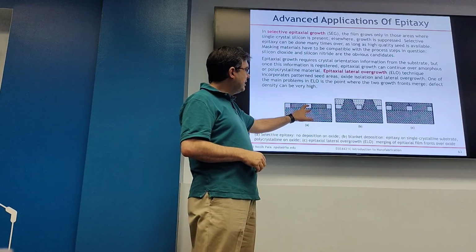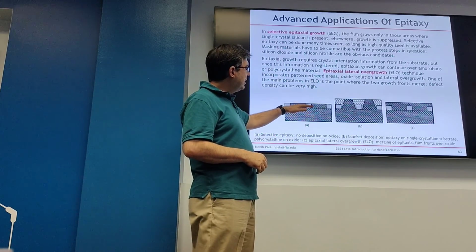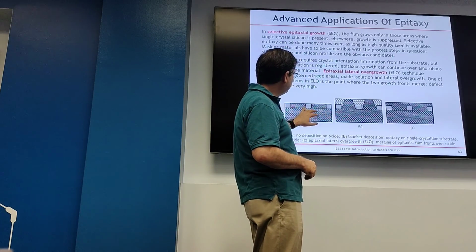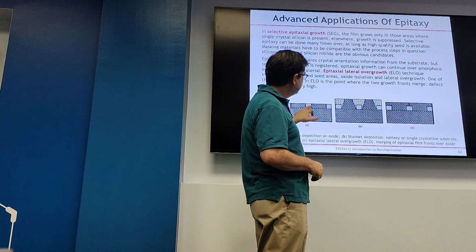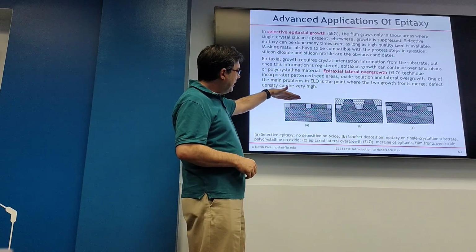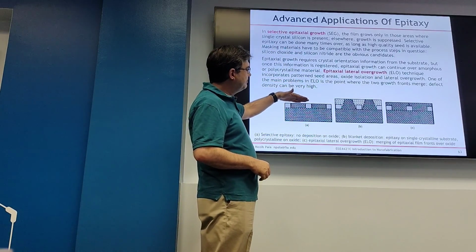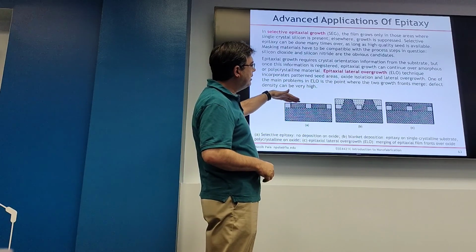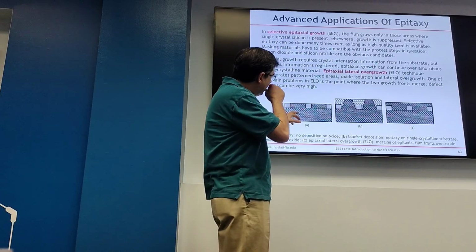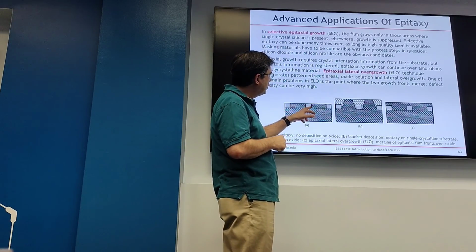So a thin layer is grown and then etched, and then you put some sort of masking layer, and then you grow over this masking layer. So let's say this is what you want to grow.